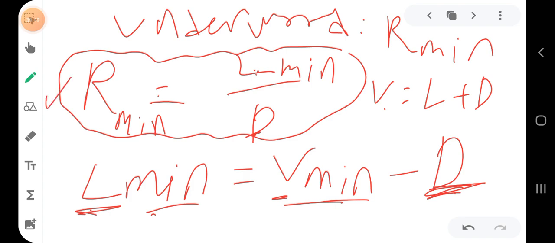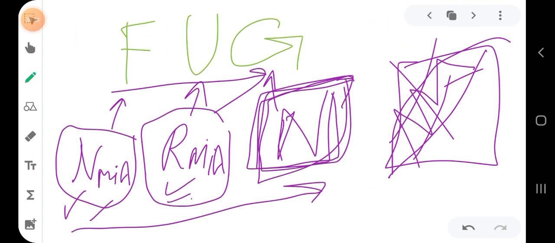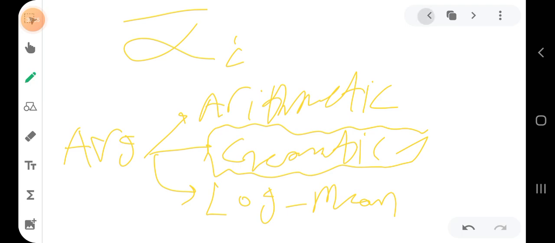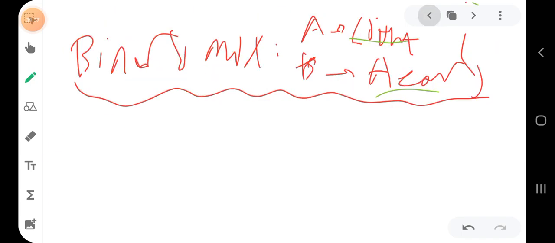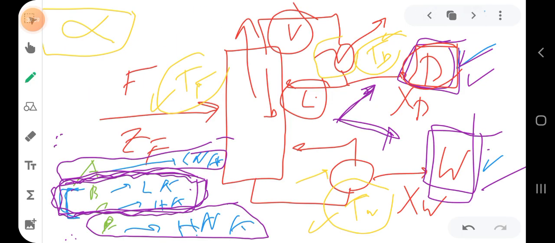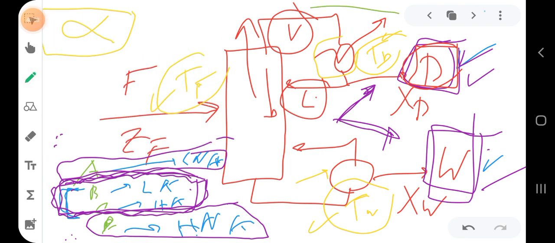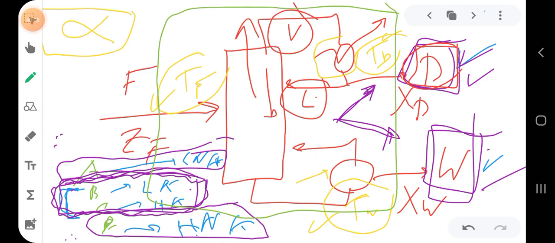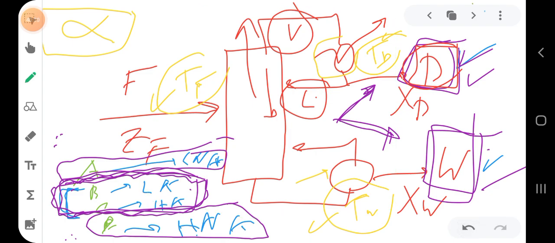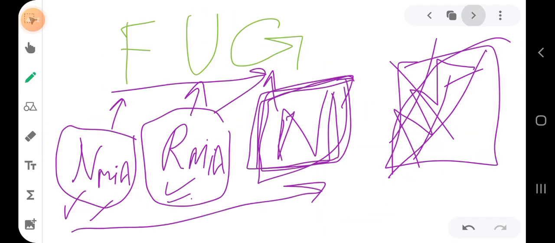It's a simple material balance, exactly the same as we discussed before. You are making a simple material balance around the whole column. So this is your control volume. It's exactly as previous.